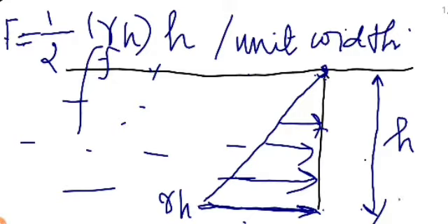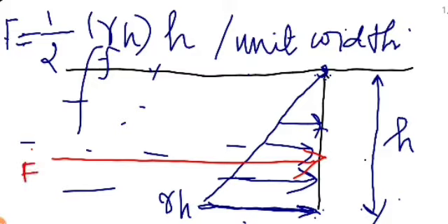Now here, where will the total force act? It is varying. The force is minimum at the top while maximum at the bottom of the plate. And the total force, this half gamma h square, acts at the center of pressure. So that term is called center of pressure. So the total force F, half gamma h square, acts at a point called the center of pressure.